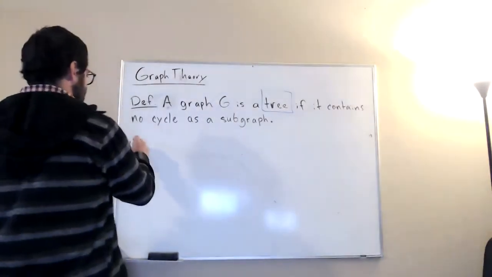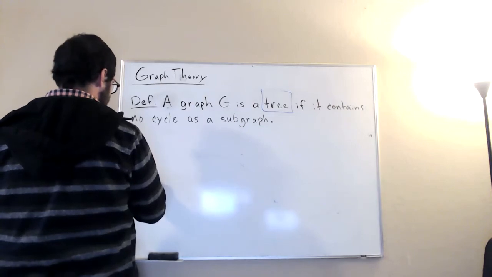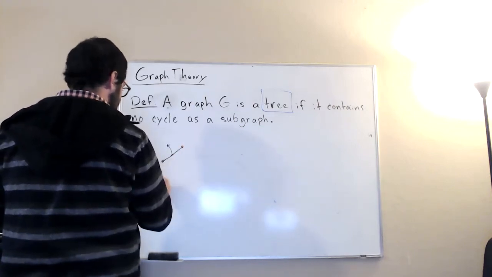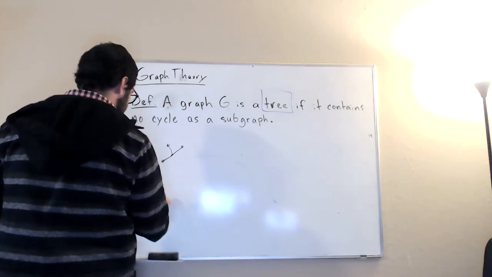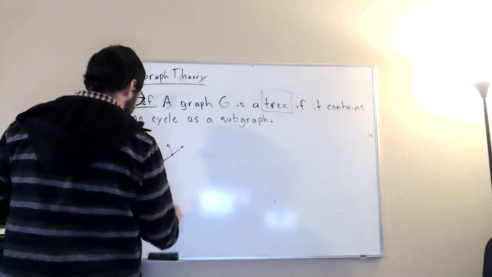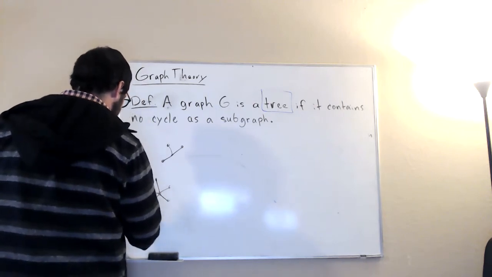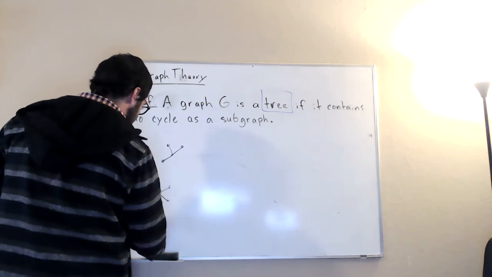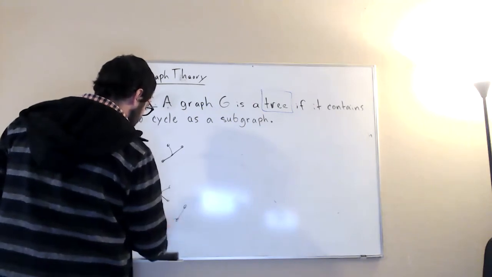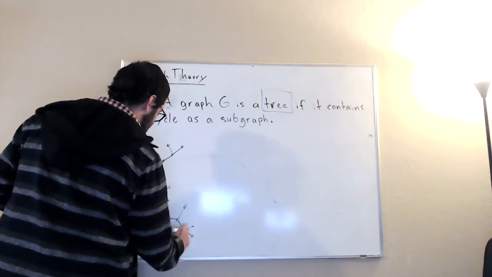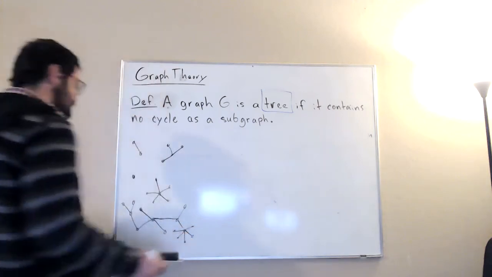And we already saw a bunch of pictures of these. It looks like this. And they can be all kinds of complicated looking things, just as long as it doesn't have any cycles, it's a tree.